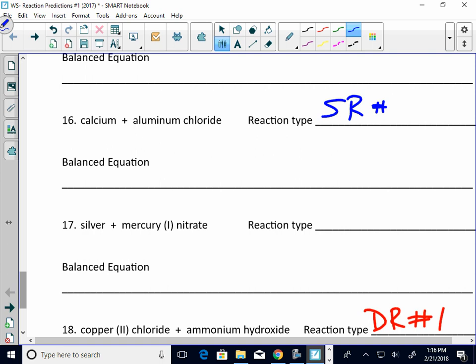Is it an active metal and water? No. Is it a metal and an acid? No. I don't have a halogen to start with. Is it a metal oxide and hydrogen? No. So this is a single replacement, number 1.